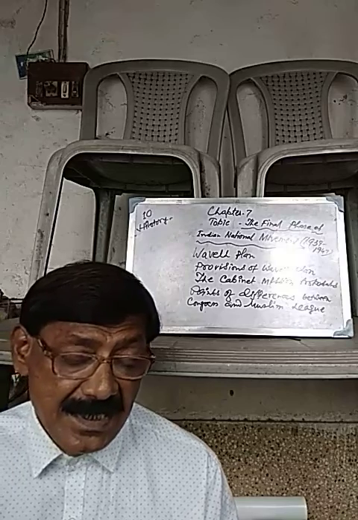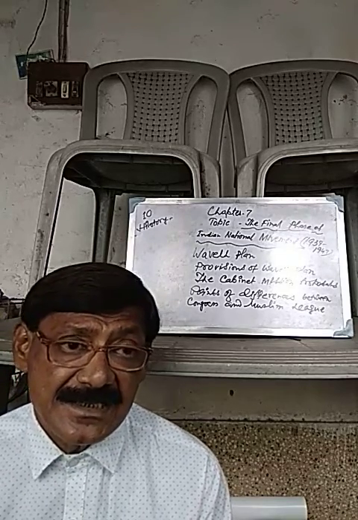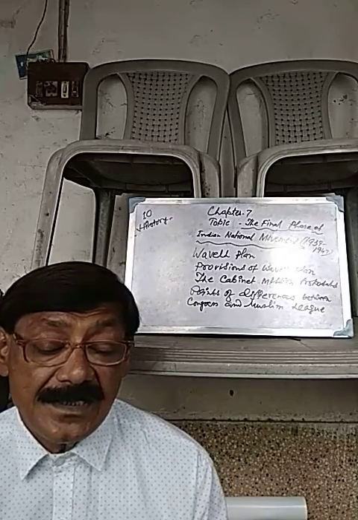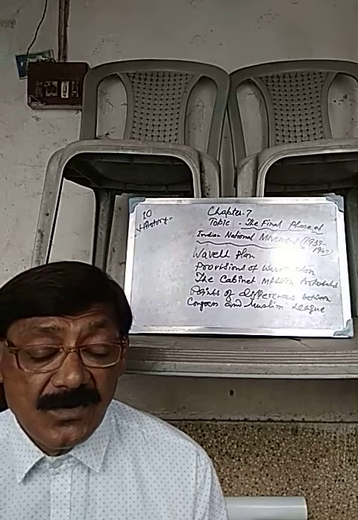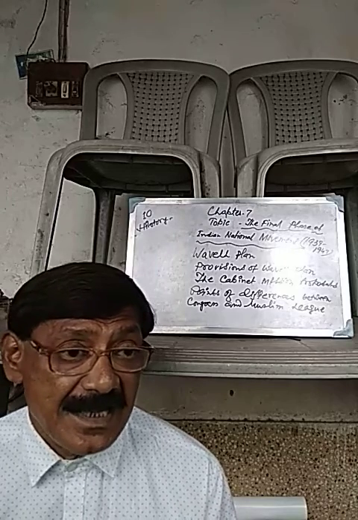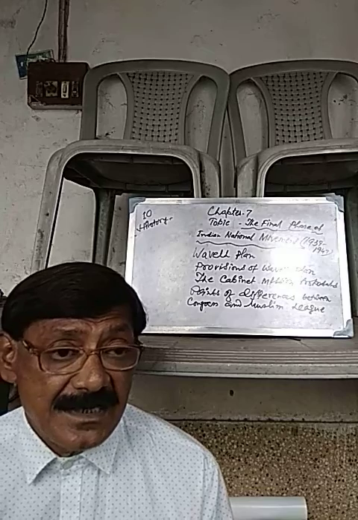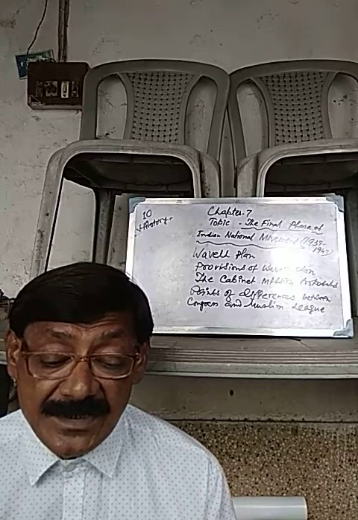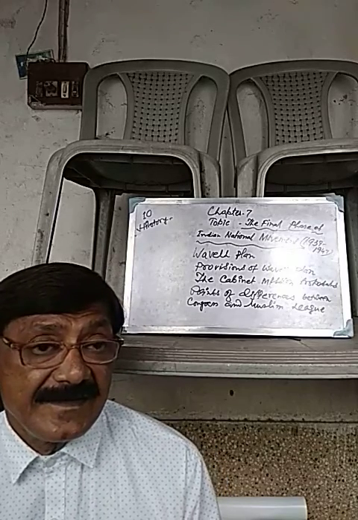Number one, India was to be a federation of states and provinces. And next one, the federal center looks after defense, foreign affairs, administration and communication, while the provinces would look after the rest.